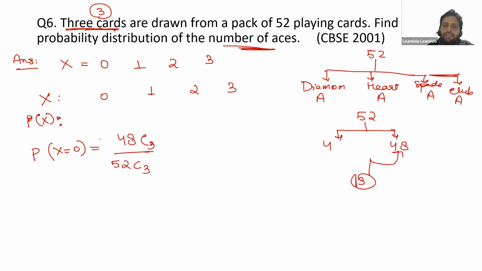But if they are saying that you are drawing 2 cards or 3 cards simultaneously, or just drawing 3 cards, then do it like this only. So sir, it's without replacement? Yes, but they have not written anything, so don't take that concept of conditional here. If they're saying that you are drawing two cards or three cards, just use this simple combination.